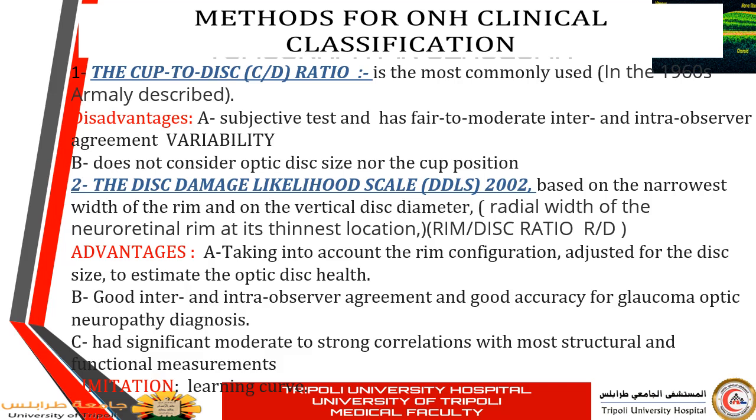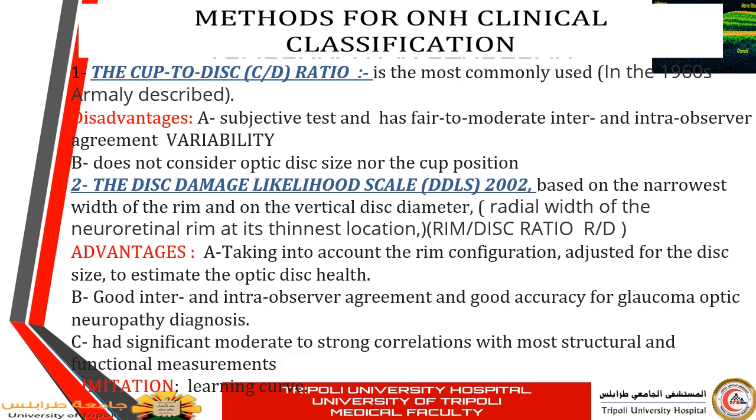After about 40 years, around 2002, Spaeth et al. invented a new technique of assessing the optic nerve, the disc damage likelihood scale. This method is based on the narrowest radial width of the optic nerve rim, compared to the total disc size in the same axis.